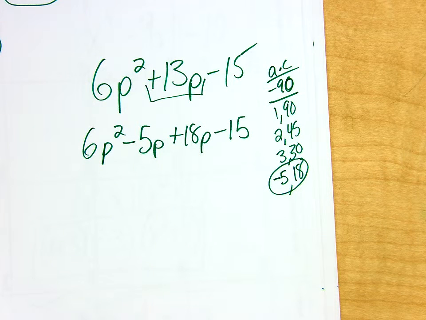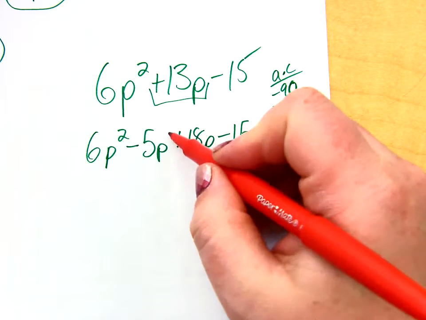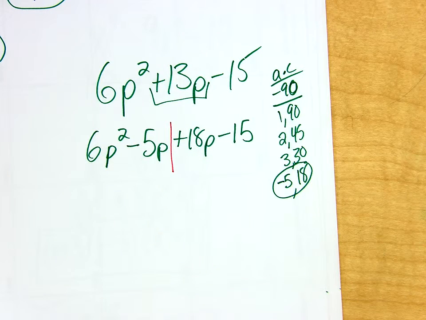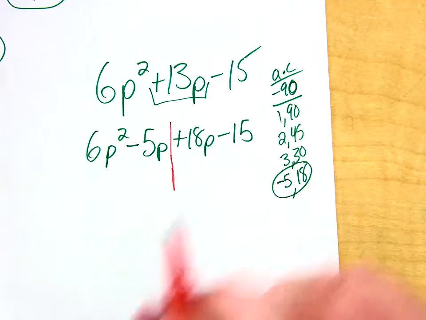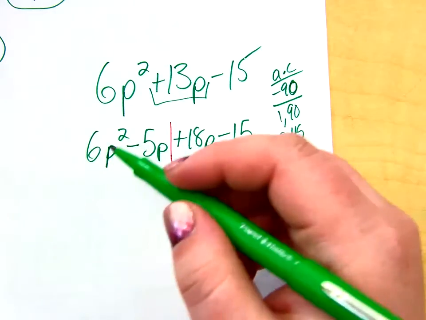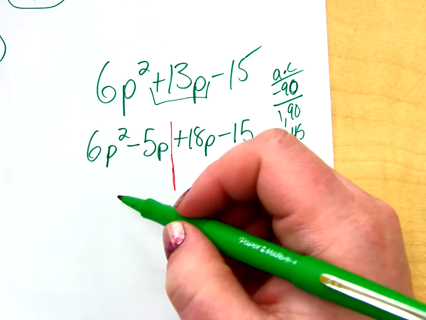But now I've turned it into a 4-term polynomial. And at the beginning of class, when we were doing these, you guys seemed to like them because they are pretty easy. Once you have the 4 terms, it's easy. Split it, factor, boom, you're done. So I'll split it. What can I take out of the left? Just a p, right?